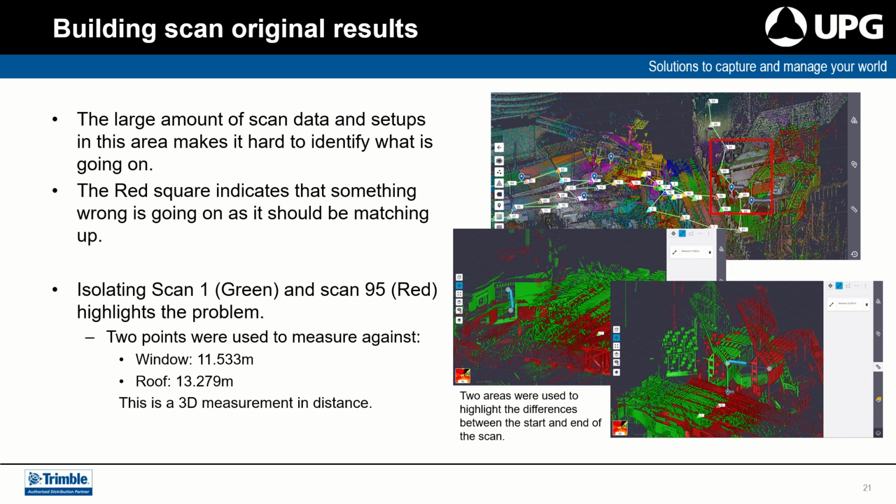Within these scans, 2 points were measured. There was a window that was measured between the green and the red scans, which showed 11.53 meters difference, and 2 roof points that should have been the same point returned a 13.29 meter difference. That was a 3D measured distance, not a horizontal or a vertical difference.